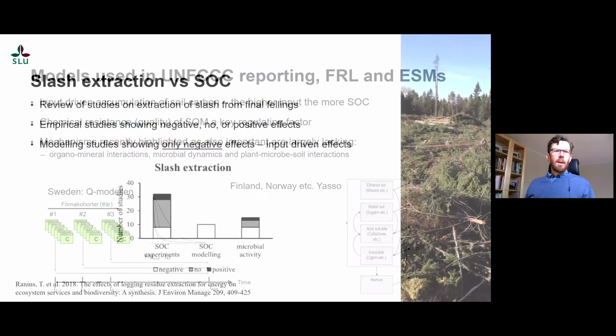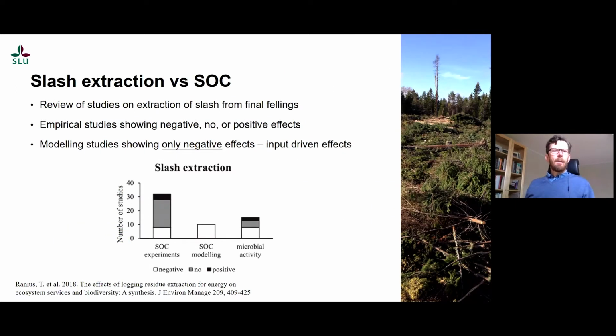This is new research, and it's not fully captured by the current models, which can cause problems. An example here is a review of slash extraction, where you remove slash from final fellings in forest. Here we looked at both experimental studies and modeling studies. The experimental studies showed a range of effects. Of course, there were some studies showing a decrease in soil organic carbon, but many studies showed no effect, and a few even showed a positive effect, probably due to indirect factors.